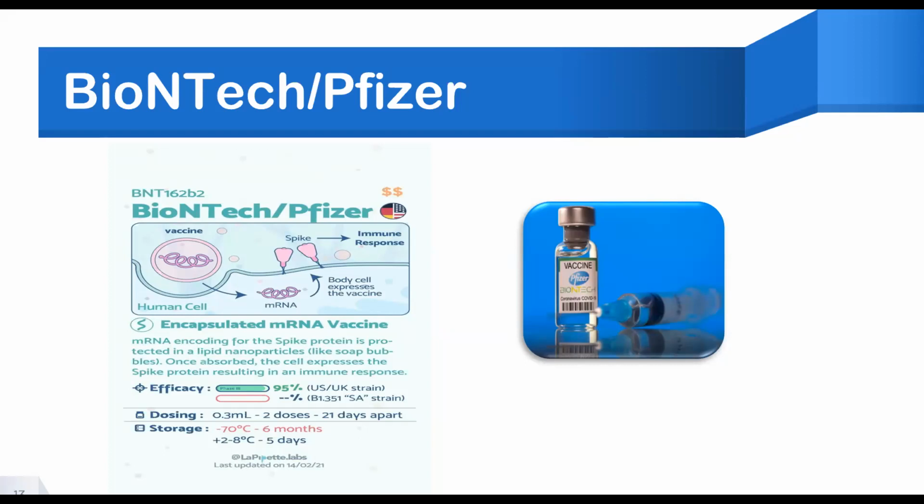The common side effects for this BioNTech Pfizer are pain in the injection site, tiredness, headache, muscle pain, chills, joint pain, and fever, and the effect is said to be worse in the second dose. The dose given is 0.3 ml in 2 doses, 21 days apart. So how to prepare?